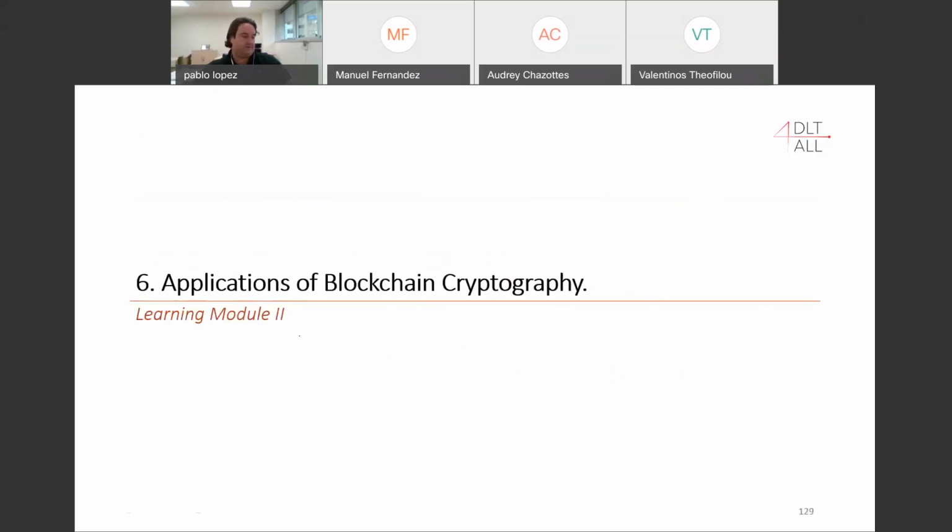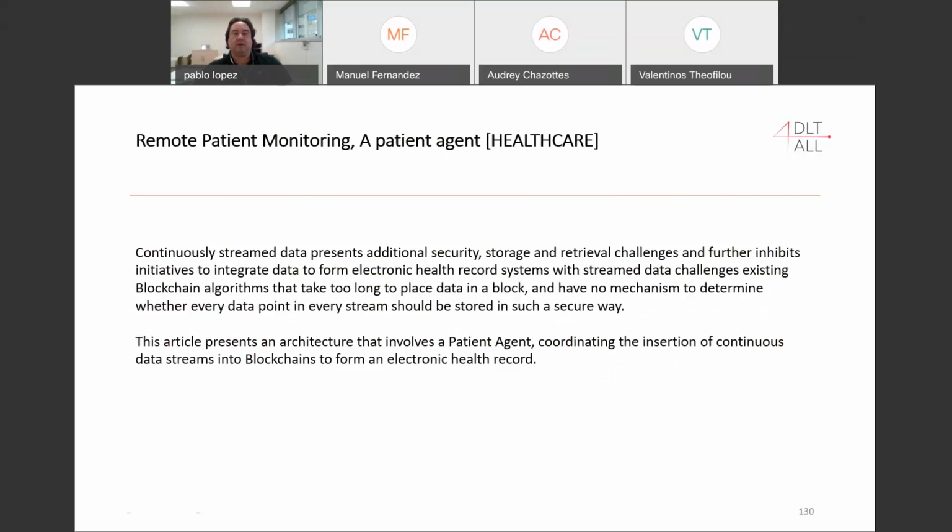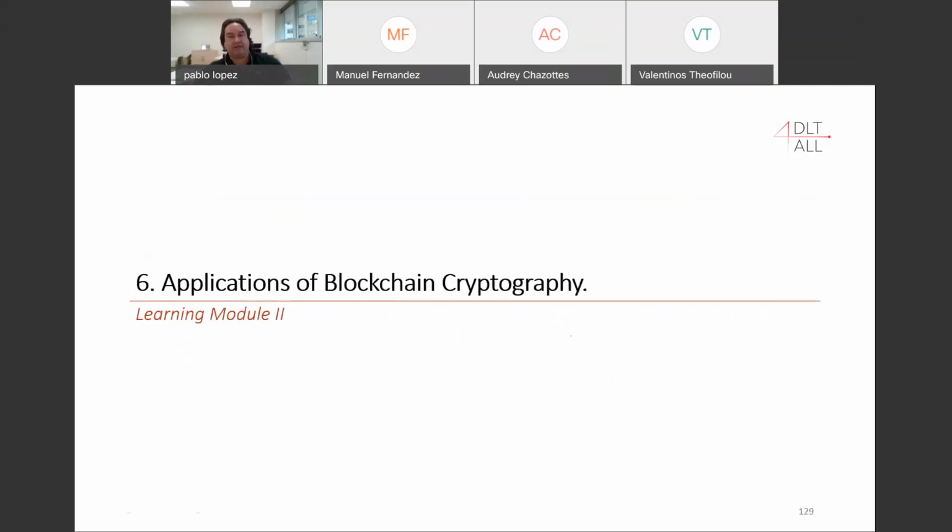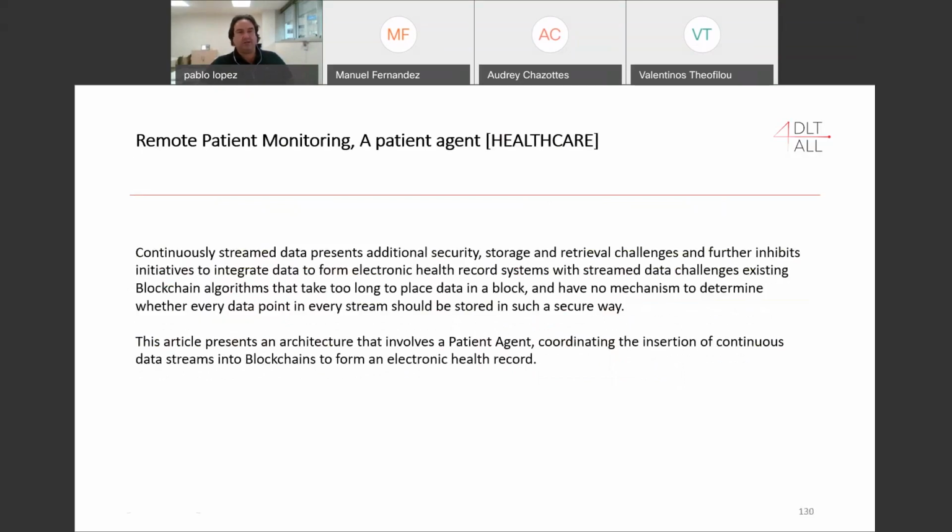And just for finishing, a couple of examples about applications of blockchain cryptography. We discussed some of them during this amazing conversation today, but let's have an overview of them.